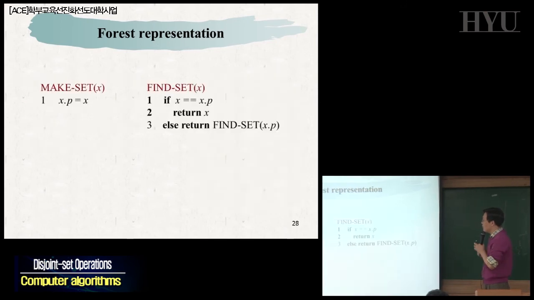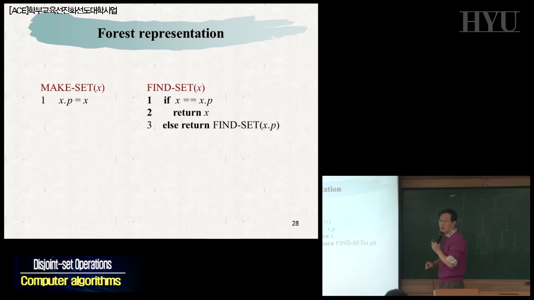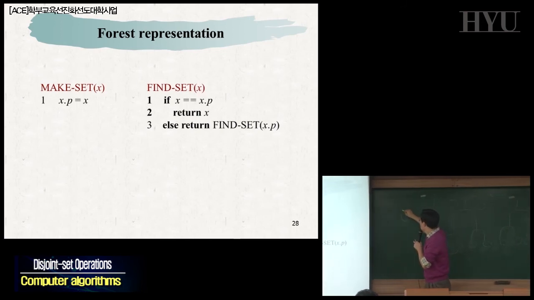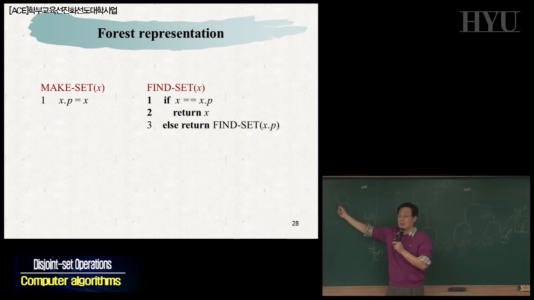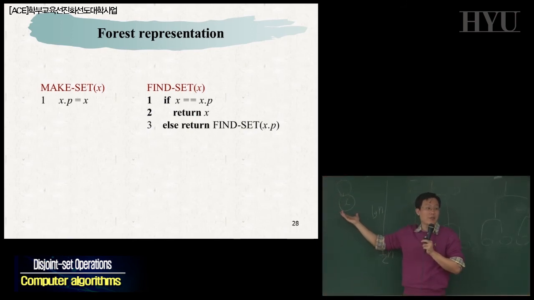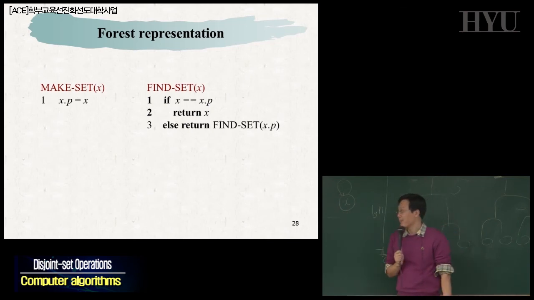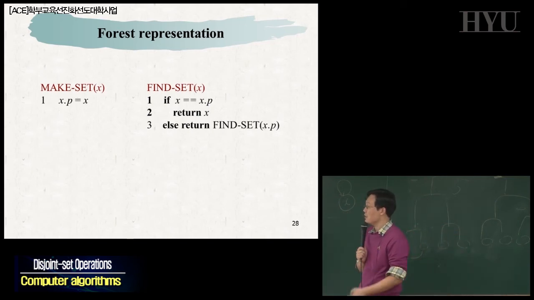Make set operation is like this. We create a node including x and make this pointer. Then this is the result of make set operation. It takes constant time.